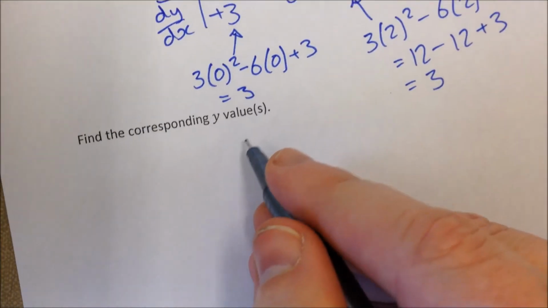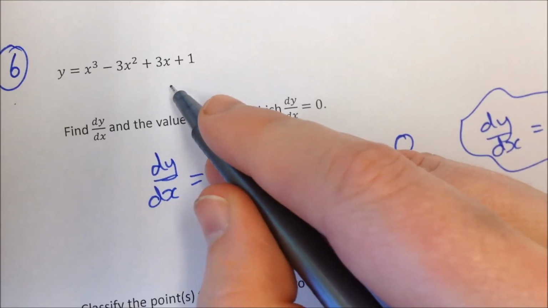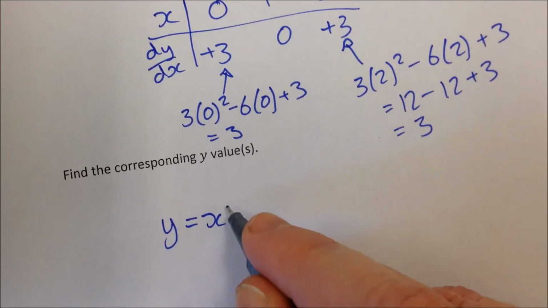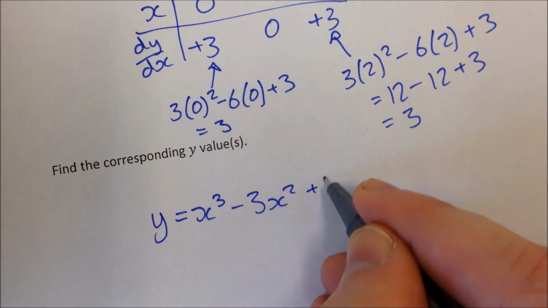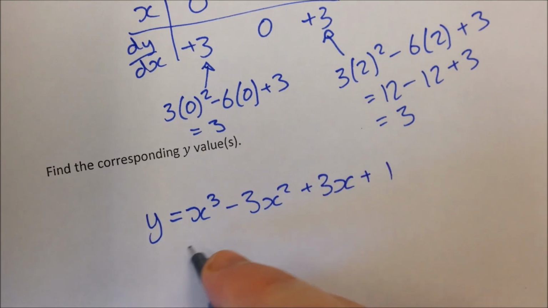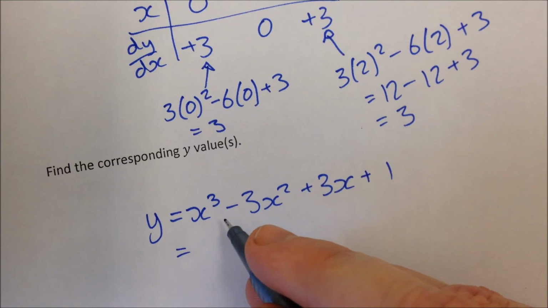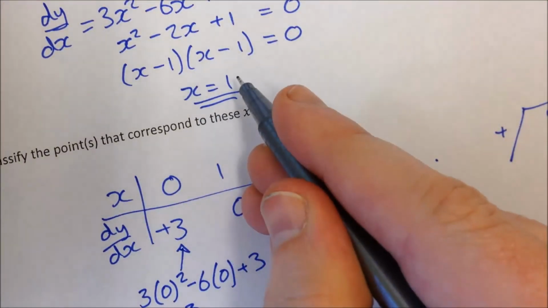Find the corresponding y values. Well, we only have one y value to find. We need to go back to our equation with y involved, so it's this original thing. Copy it all out. Y equals x cubed, take away 3x squared plus 3x plus 1. So then we plug in our value of x that we found in here.